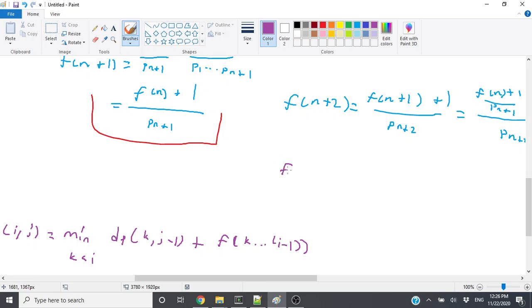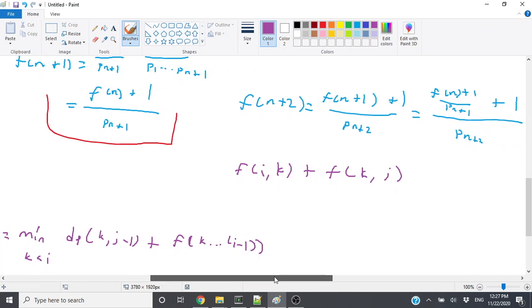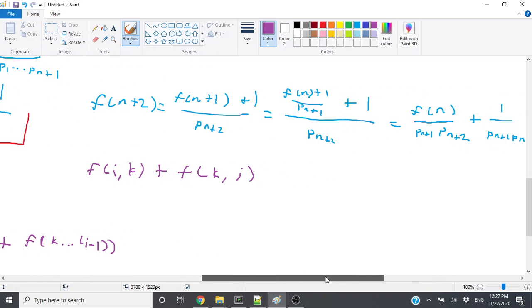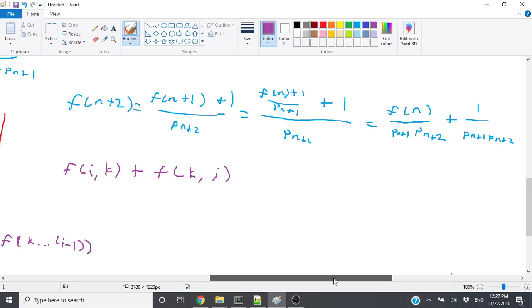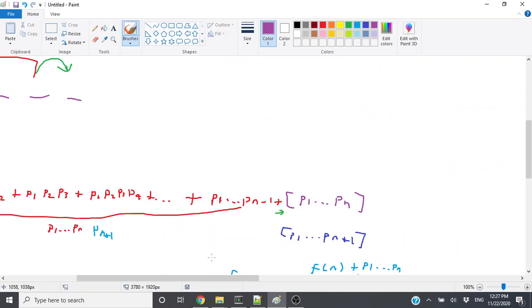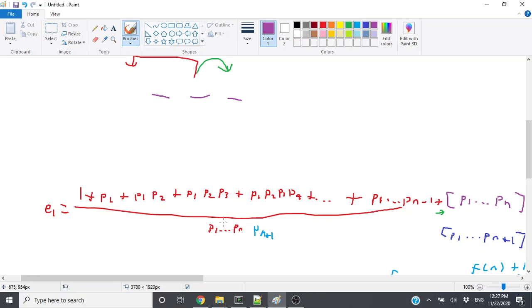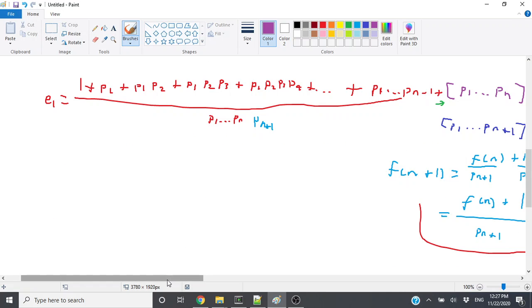So say we have f of i k plus f of k j, and it's sort of like this formula. Yeah, it's this formula, but we start at i and go up to k, essentially, is the idea.